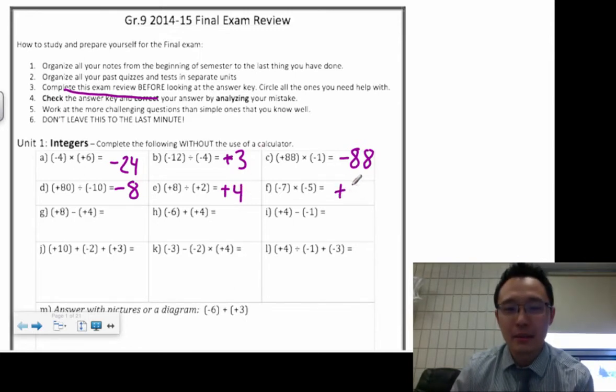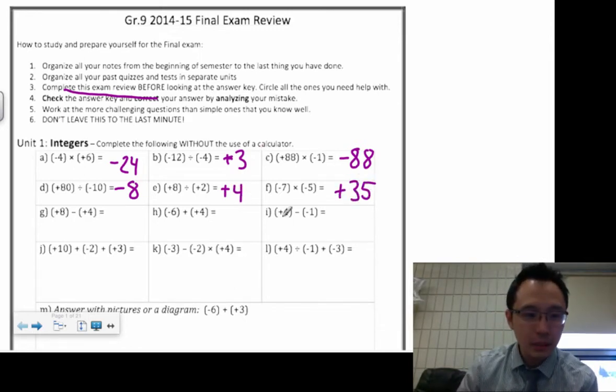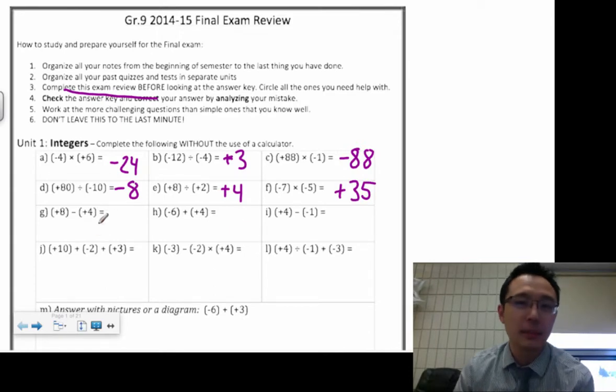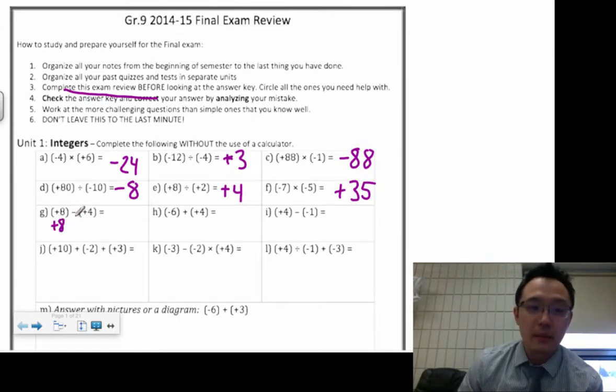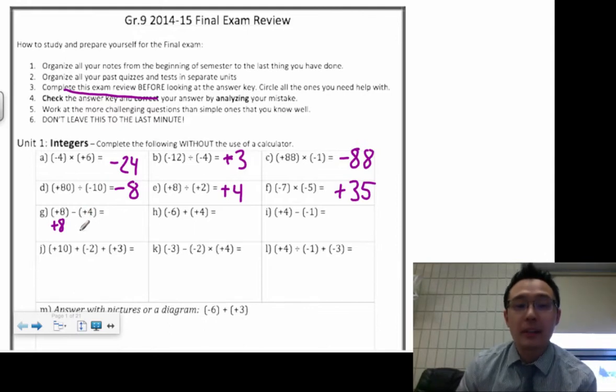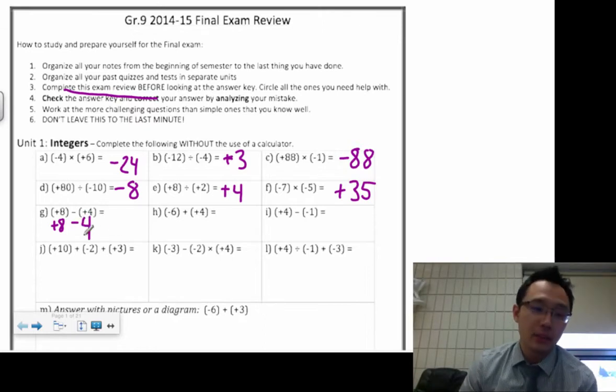F is +35. G, okay, this one is not multiply or division, so I'm going to write this in a step. I see that this is +8, so I'm going to write +8. And I have negative and +4. That immediately tells me that I'm going to simplify those two signs into one. Negative and positive makes a negative. So +8 to a -4, this is +8.